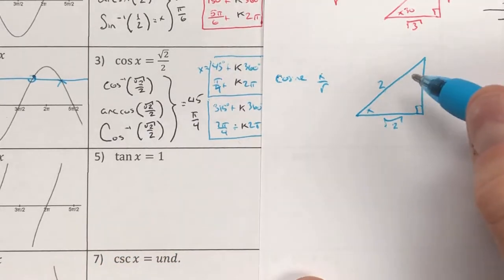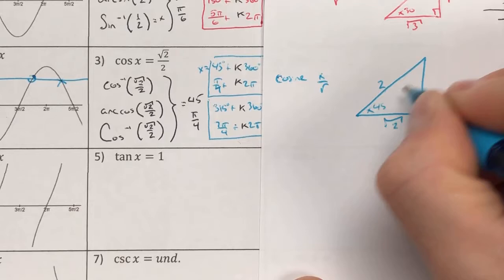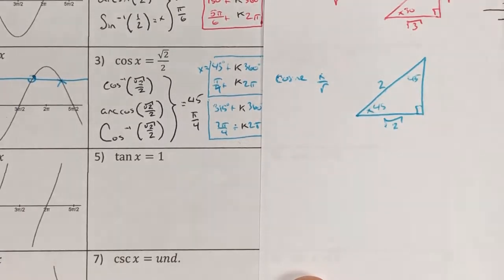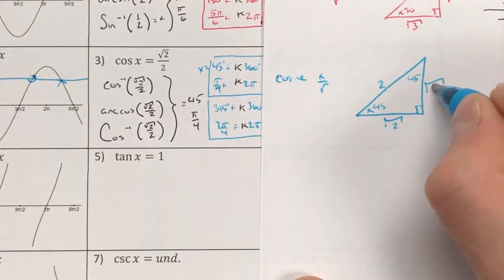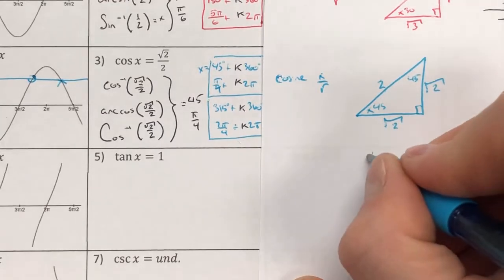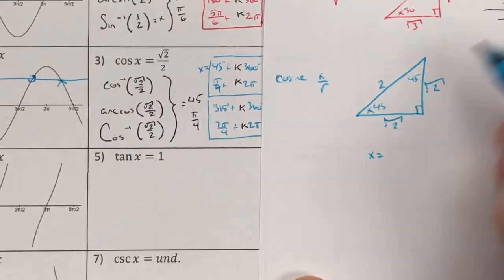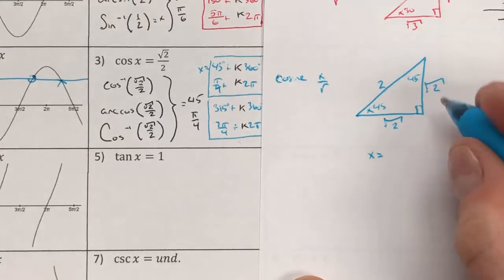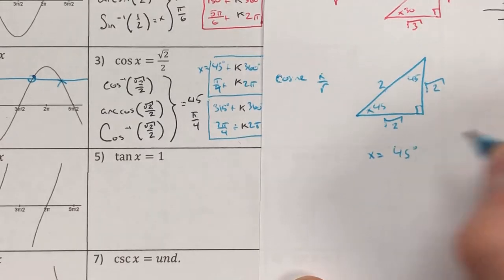Well, we should recognize this triangle because this is a 45, 45, 90 triangle. So I know that because of that, this is also root 2. I know that my x, not my x coordinate, my x value is equal to 45 degrees.